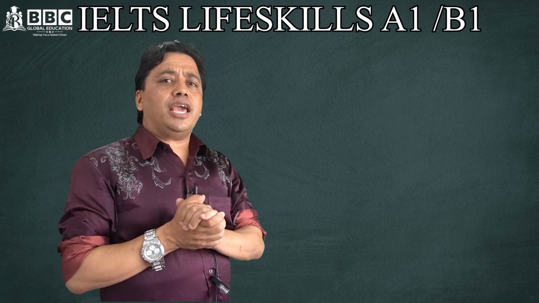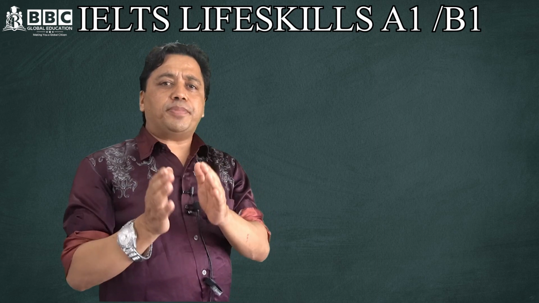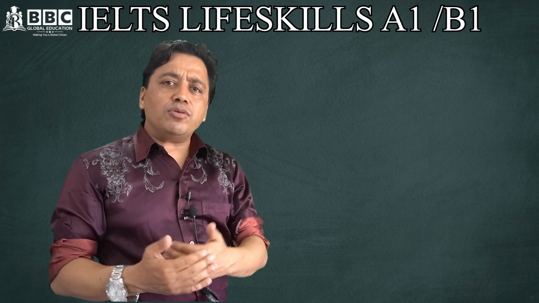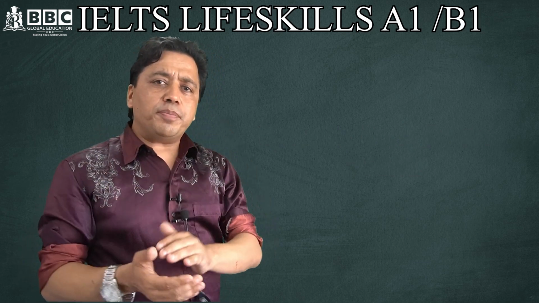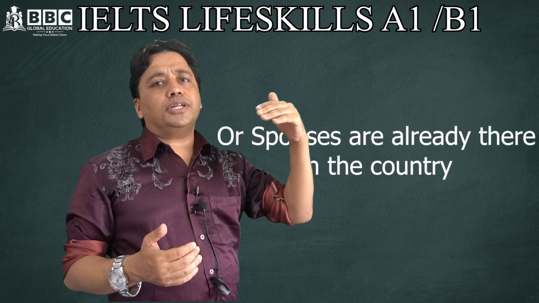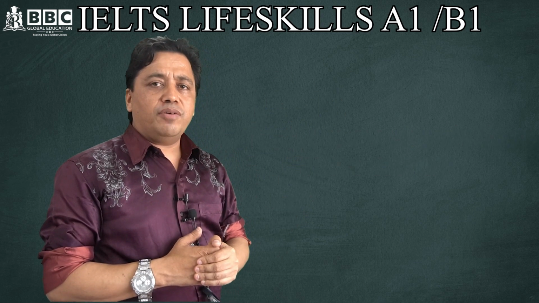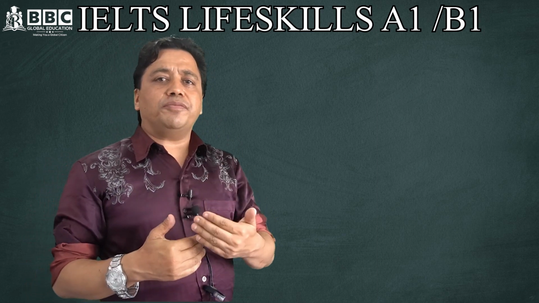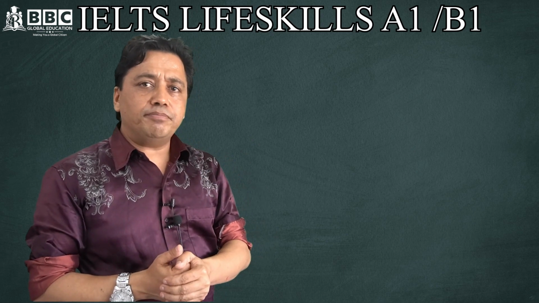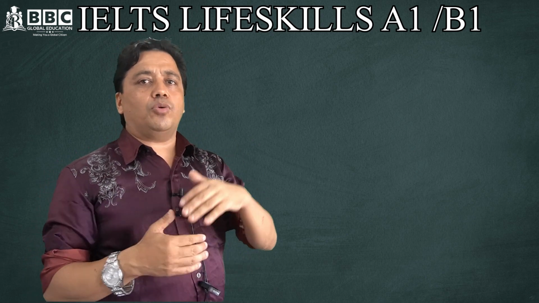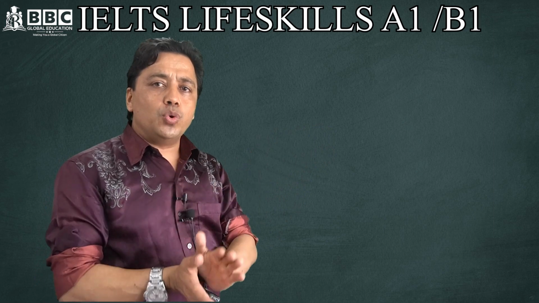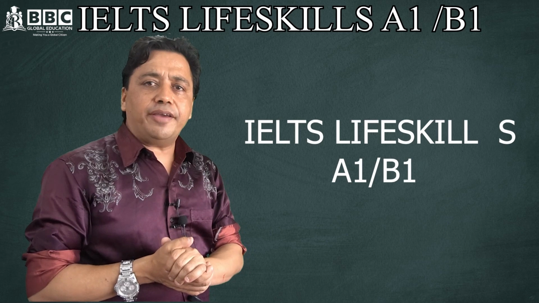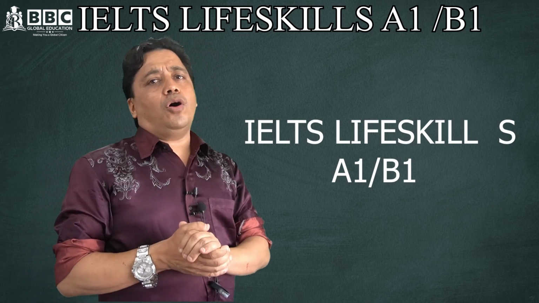IELTS Life Skills A1 or B1 is especially done by the spouses. Spouses are the people whose spouses are already there in the country. For example, if you want to apply for a spousal visa to the United Kingdom, and your husband or wife is already in the UK, then it's necessary for you to pass IELTS Life Skills A1 or B1.